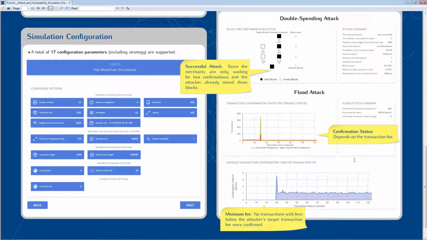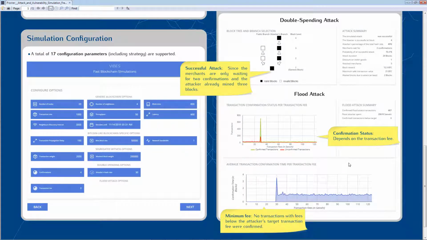This waiting time is shown in the second graph. Since no transaction with fees below 30 Satoshi were confirmed, the average confirmation time for these transactions is 0. The average waiting time for all the confirmed transactions is about 1 block, except for the transactions with 30 Satoshi, which need to wait for about 3.5 blocks.